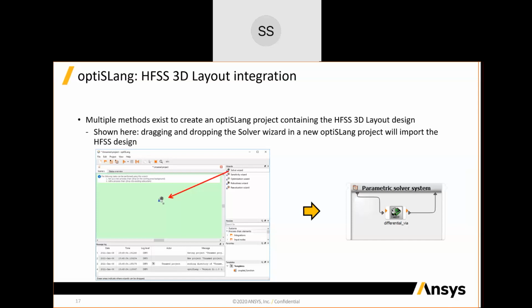And that produces what we call a parametric solve system, where the input for the parametric solve system are all the 9 different parameters that I had defined in 3D layout that control the geometry of the via. And as the output, we have the maximum of the differential return loss.